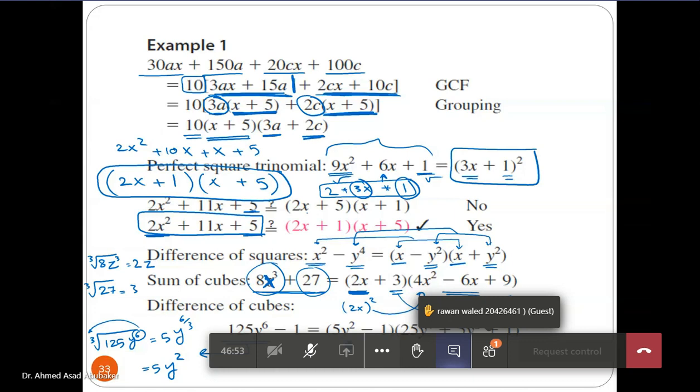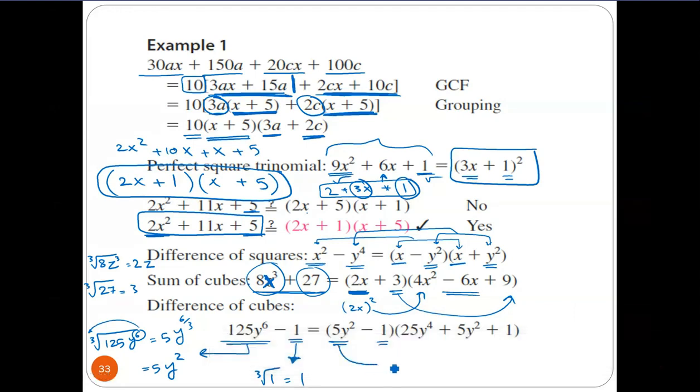So we have 5y squared. This is the first, 5y squared. The second, the cube root of 1 equals 1. The square of 5y squared is 25y to the power 4, the square of 1, and multiply this together: 5 with 1, 5y squared with 1, 5y squared, like this.